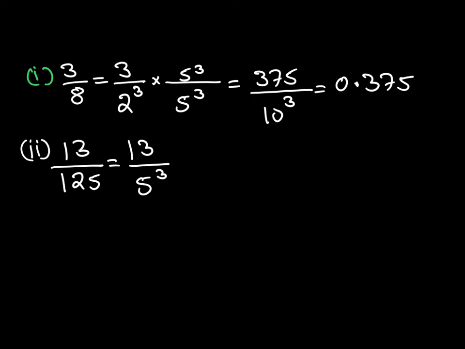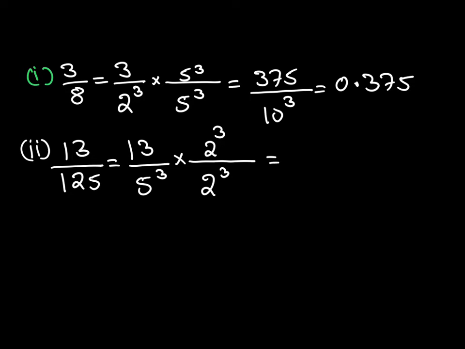But in order to find out what the decimal is, I need to make the denominator a power of 10. 5 to the power 3 I already have, so I will multiply and divide by 2 to the power 3.